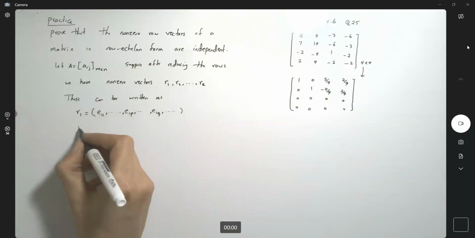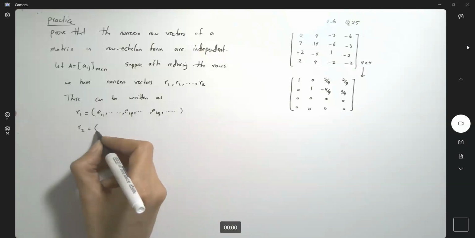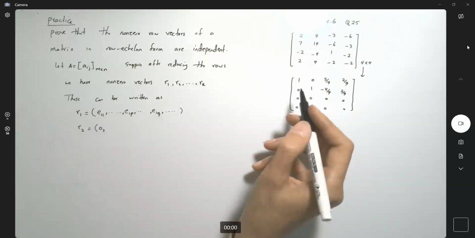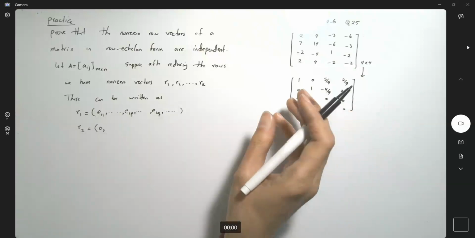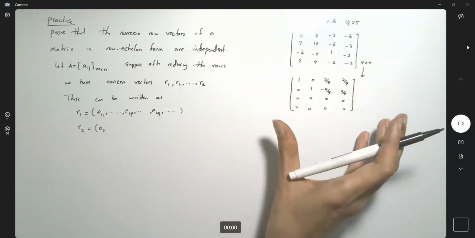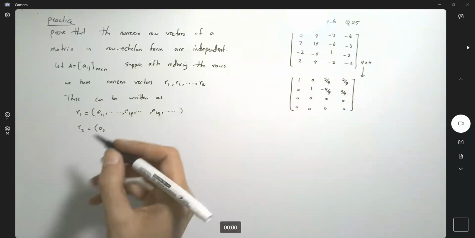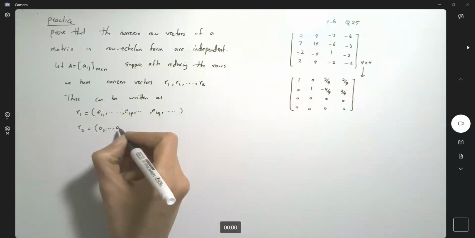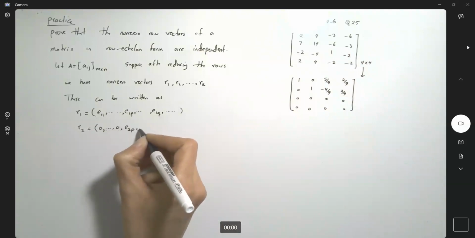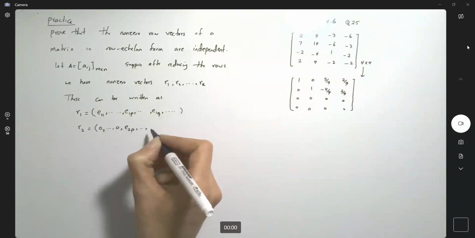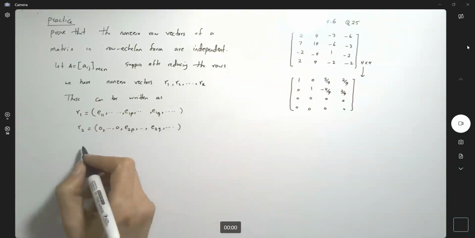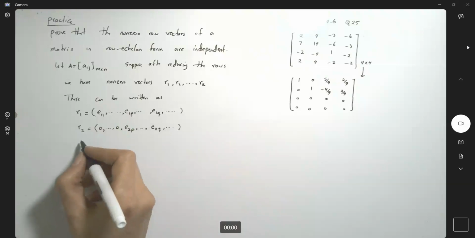This is R1. The second one can be written with a 0; this might be shifted, it might not be written nicely. There might be more zeros involved. Then you have E2P, the rest of the elements, E2Q, and more. You can continue this process.